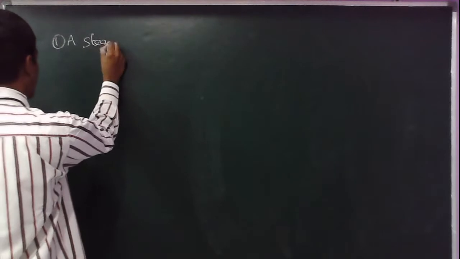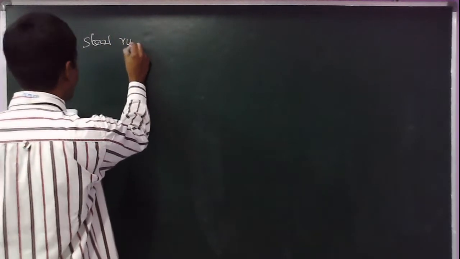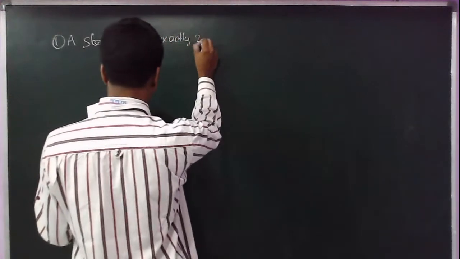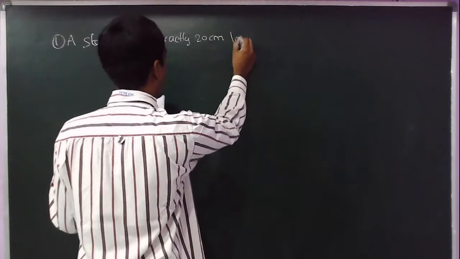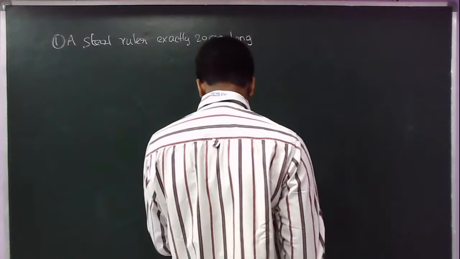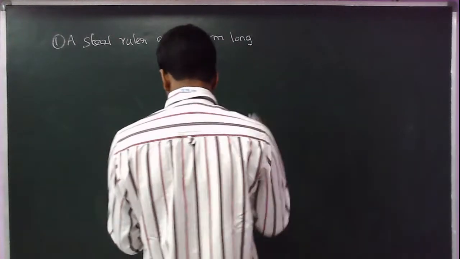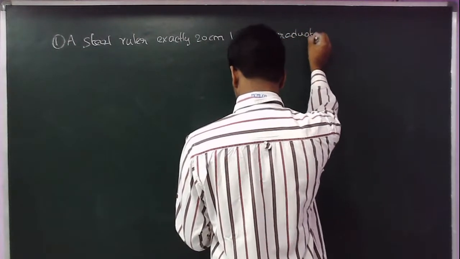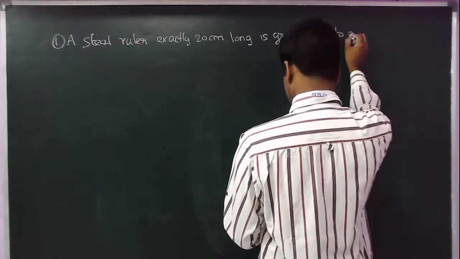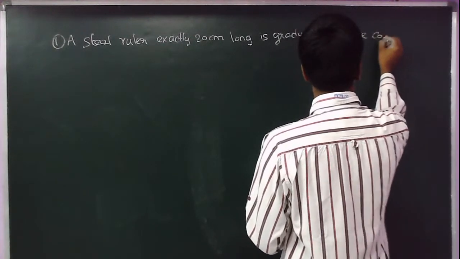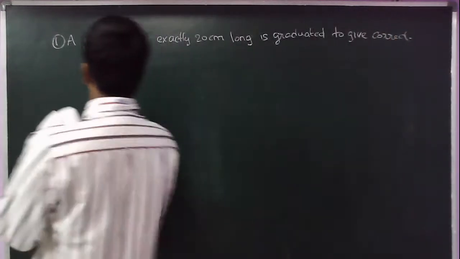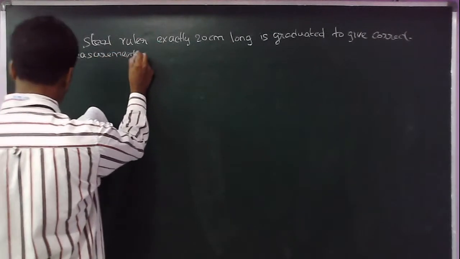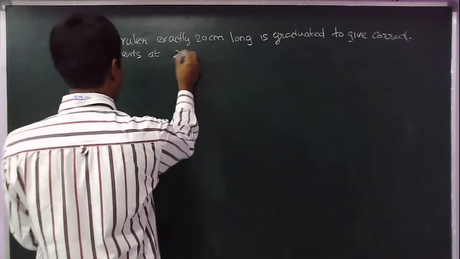The first problem is a steel ruler, not rubber, exactly 20 centimeters long, which is graduated to give correct measurements at 20 degrees Celsius.